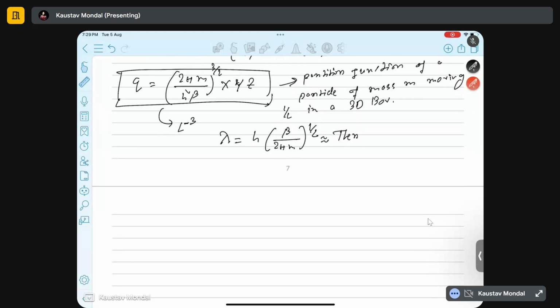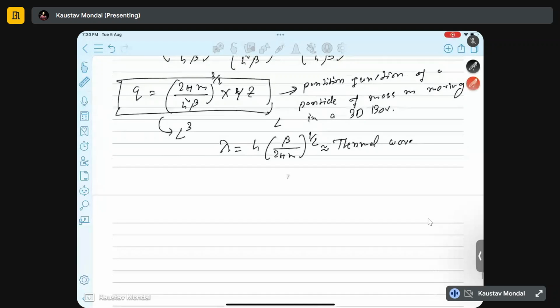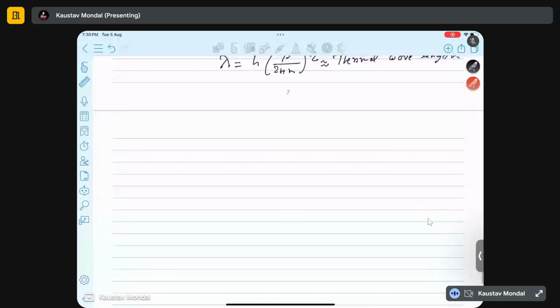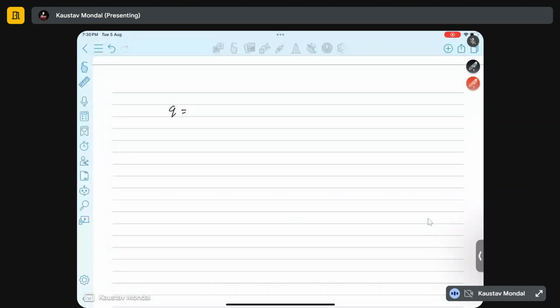So we can simplify this partition function. You can write it in terms of the thermal wavelength. We can write x into y into z as nothing but the volume of the container, so V is the volume of the container.